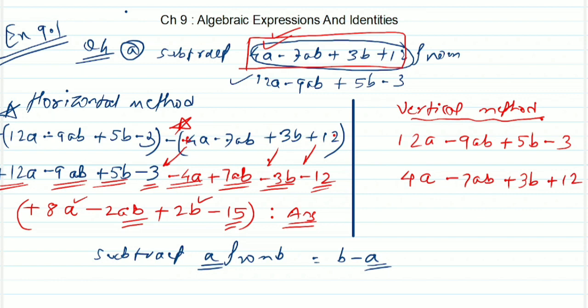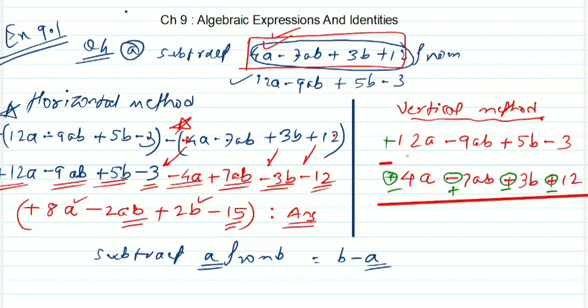Now we are going to subtract. So we give a negative sign here and change the sign of each term in the second expression, the second polynomial. Here it's plus, it becomes minus, minus will become plus, plus will become minus, plus will become minus.